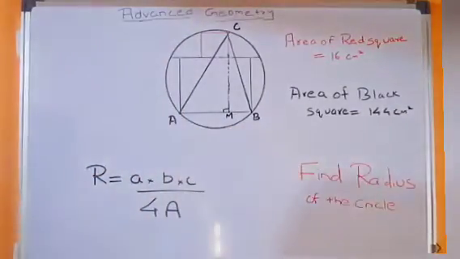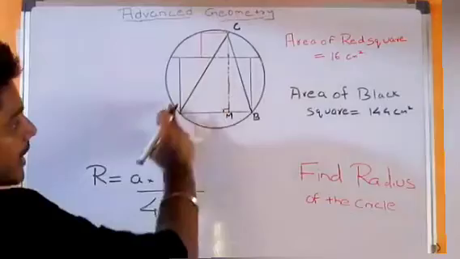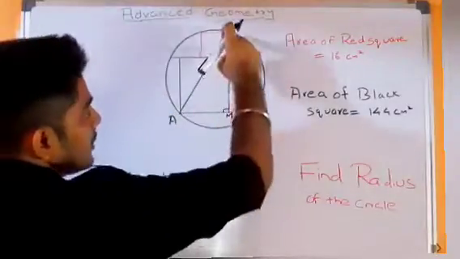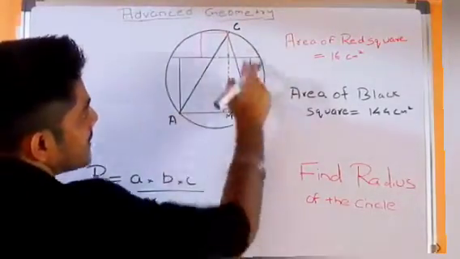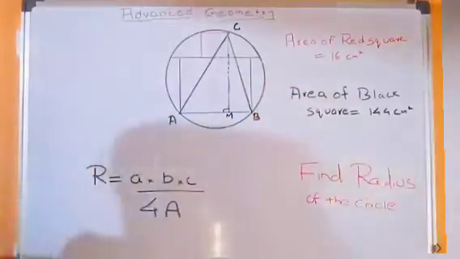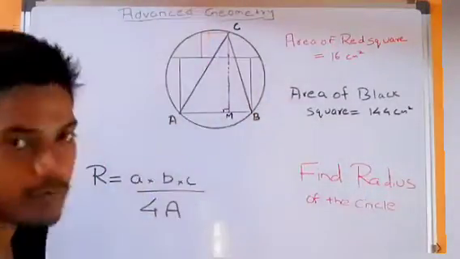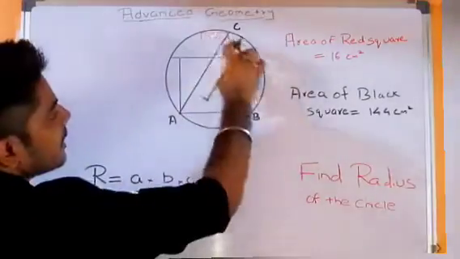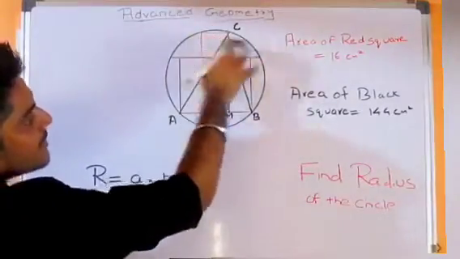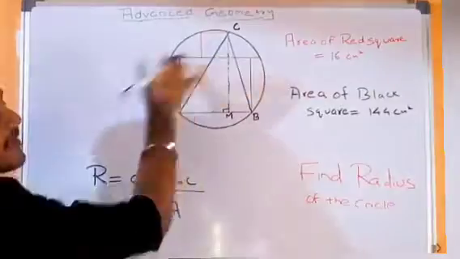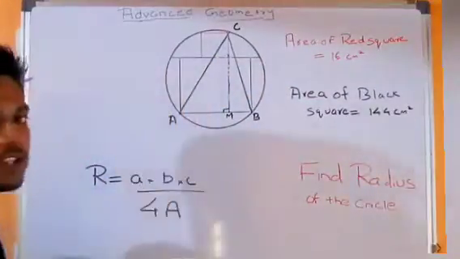So what I've got is a triangle with the height and the base. Now, can you tell me the value of the height, that is MC? Since the area of the smaller square is 16 centimeters square, the side of this square is 4 centimeters.